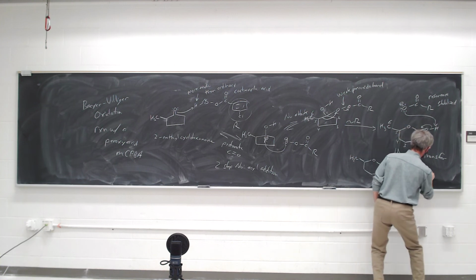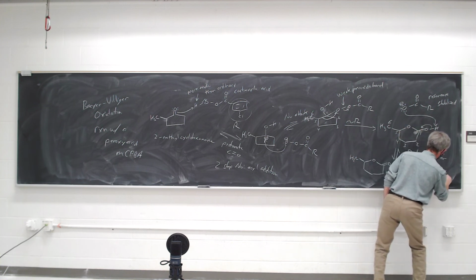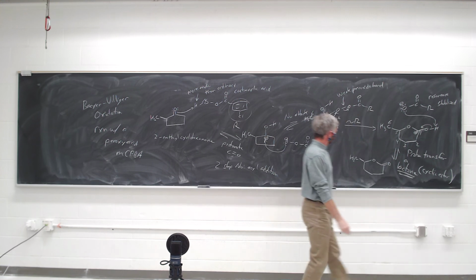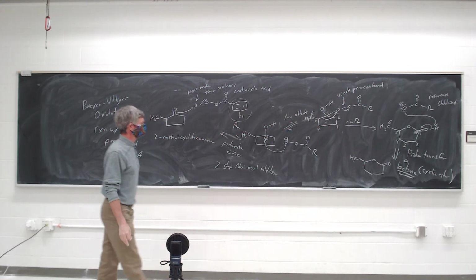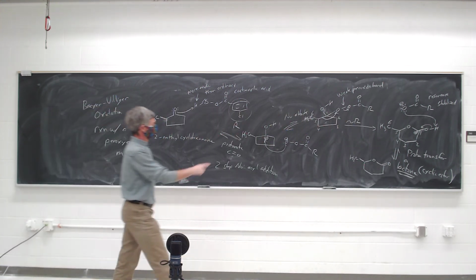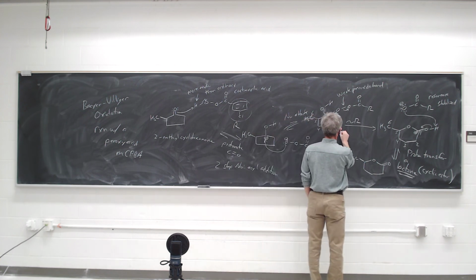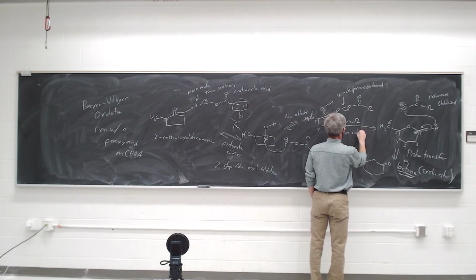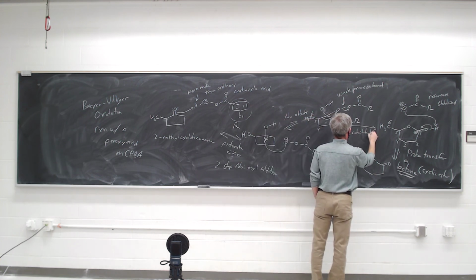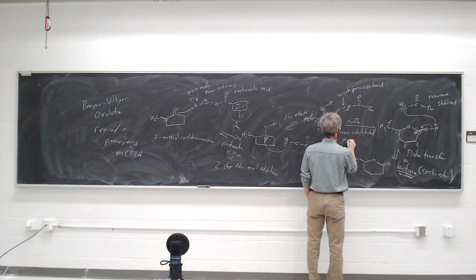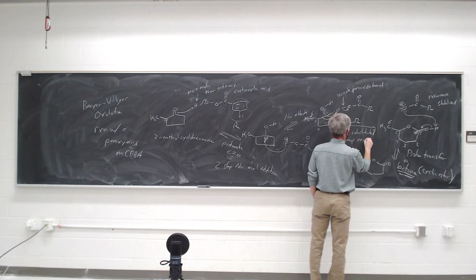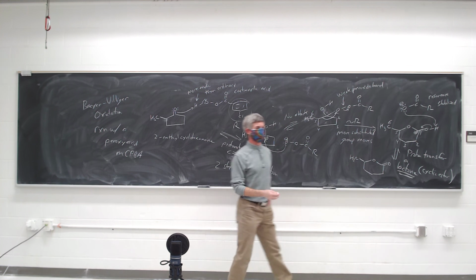A lactone, in this case. A cyclic ester is called a lactone. The more substituted group has a larger migratory aptitude.